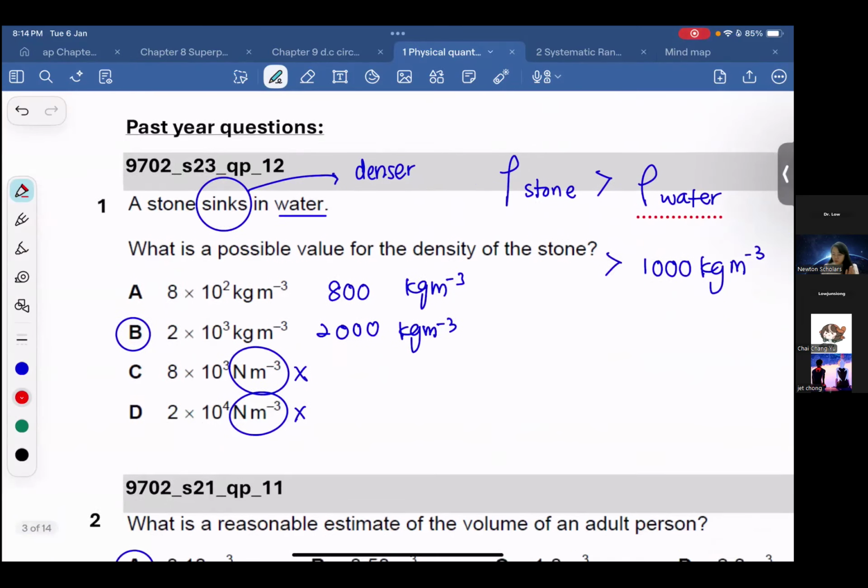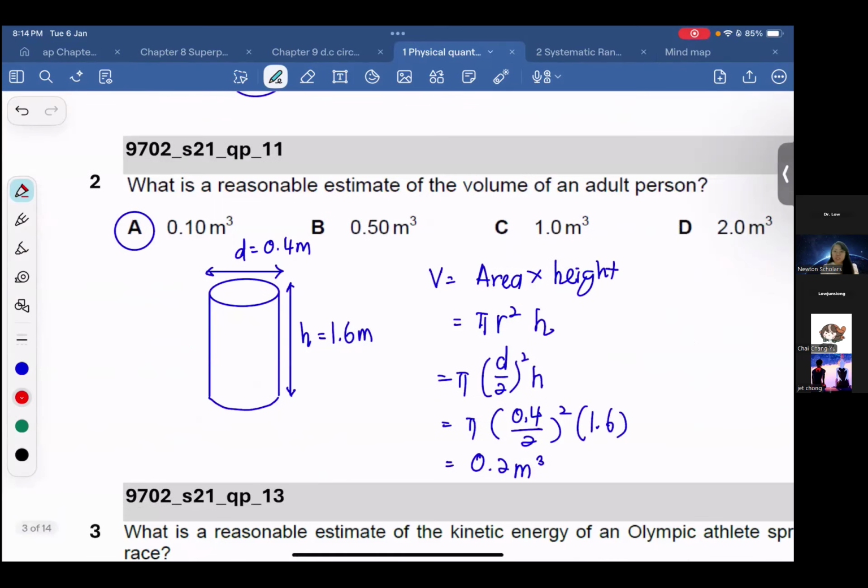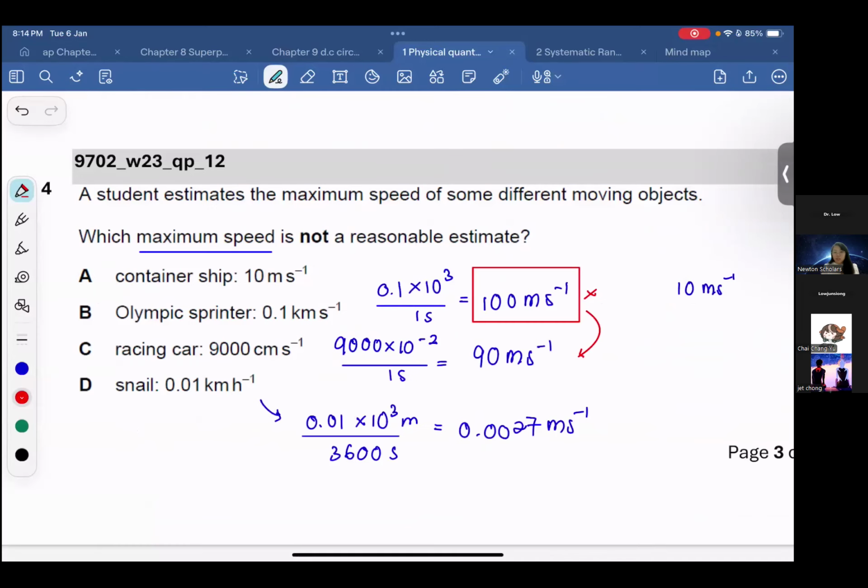That means your racing car, of course, must be greater than that. So 30, then greater than 30, here it is 90. Makes sense or not? Still makes sense. Still a reasonable estimation. But for B, the Olympic sprinter is not 100 meters per second. You would have to install some motor behind you. Okay, so the answer here should be B. This is a wrong estimation. Not a possible answer.